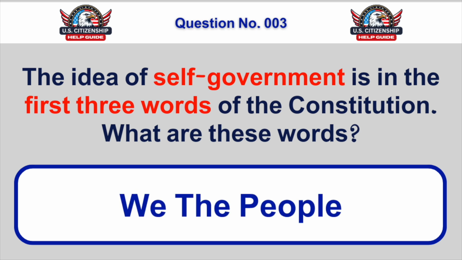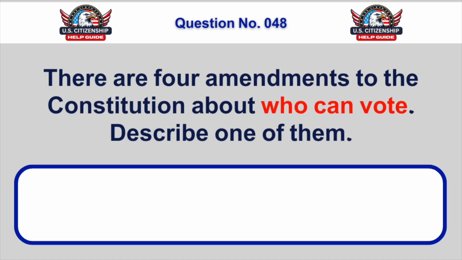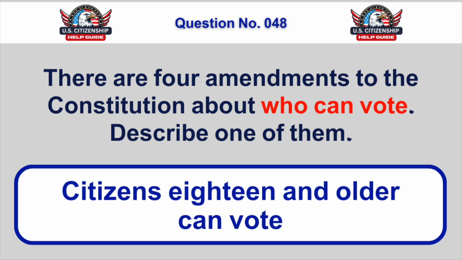We the people. There are 4 amendments to the Constitution about who can vote. Describe one of them. Citizens 18 and older can vote.